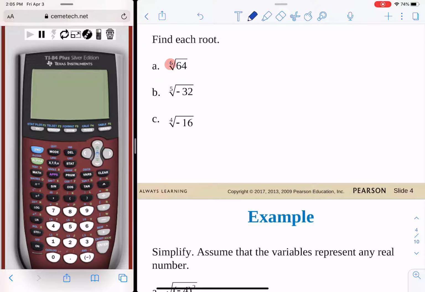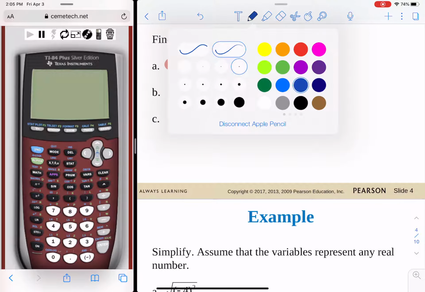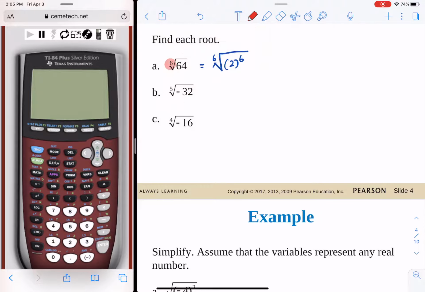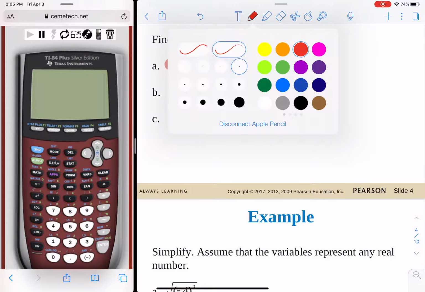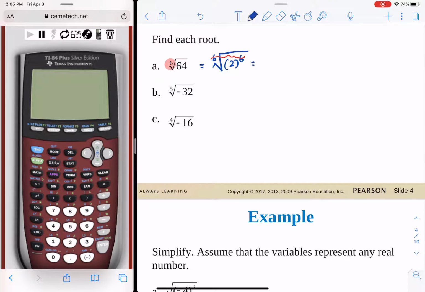So we would have to write the term that is inside in powers of 6. We know 64 is simply 2 raised to the power of 6. So those two would sort of cancel each other, and we would have 2.